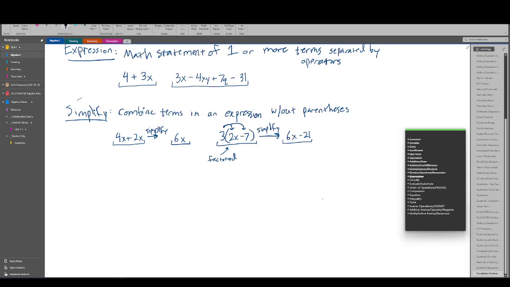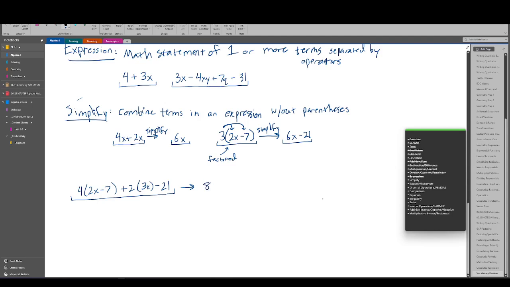So if you're given one of those TikTok math puzzles or something like 4 times 2x minus 7 plus 2 times 3x minus 21, and it says to simplify that, then you can basically expand these or simplify these by multiplying them out and then put together the things that go together.